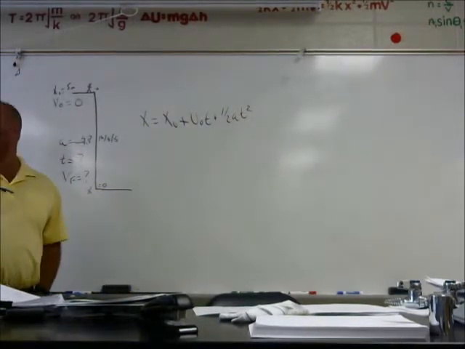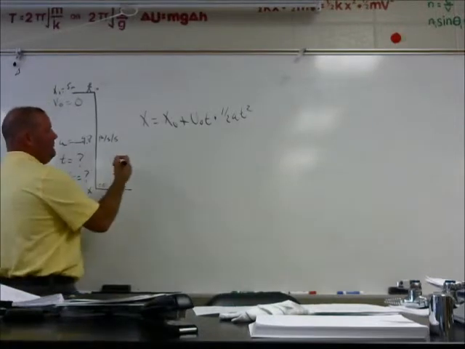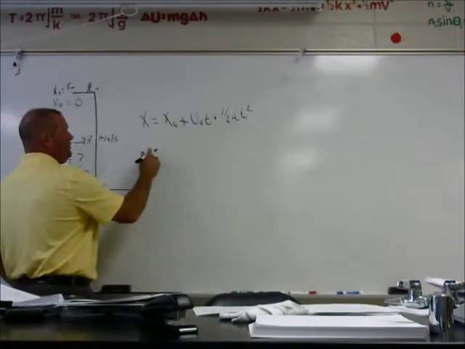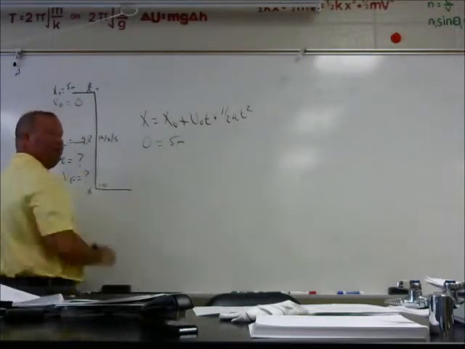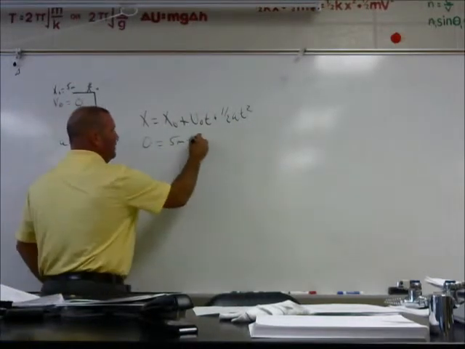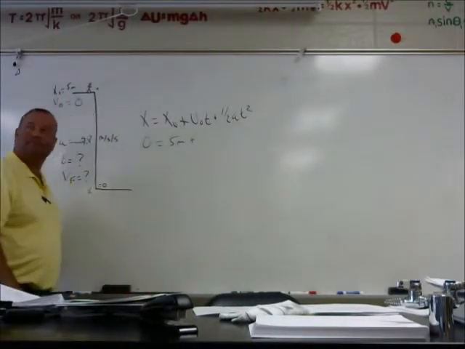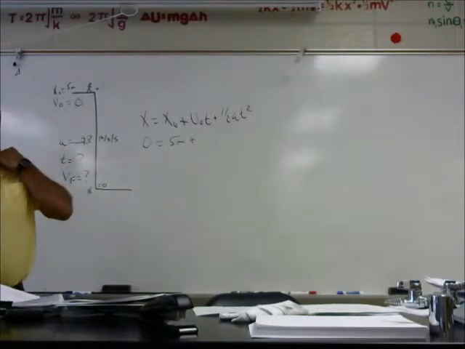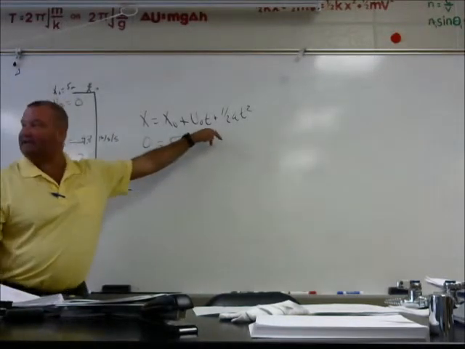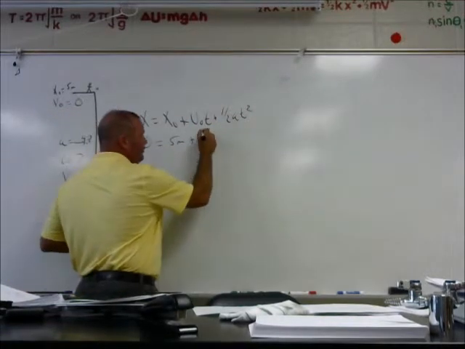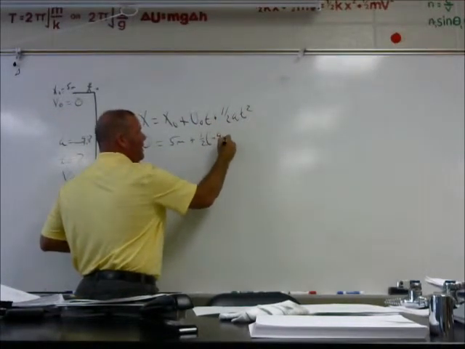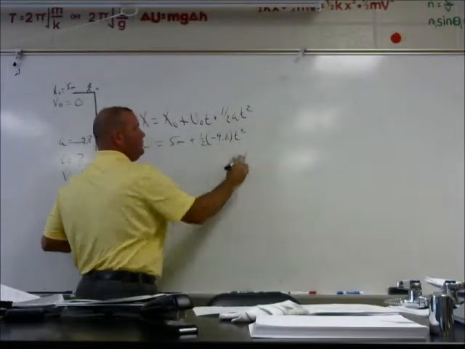Does that make sense? So now I just plug my values in. My initial position is 5 meters. My final position would be 0. What's my initial velocity? 0. So what happens to this whole v naught t term? It goes away. So I end up with plus 1/2 of -9.8 times t squared.